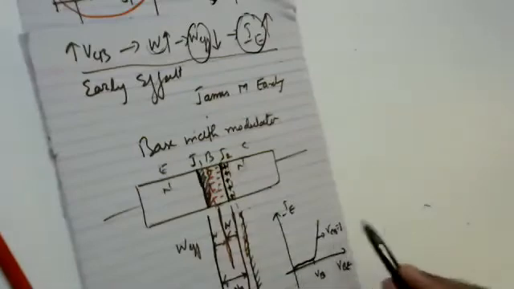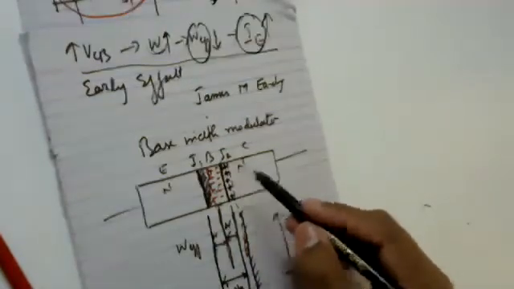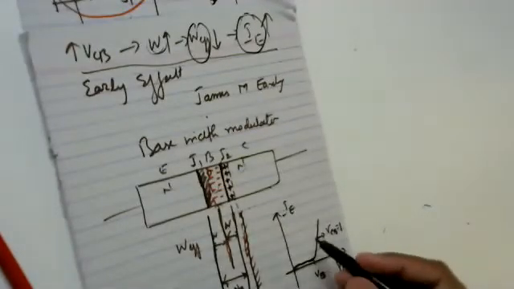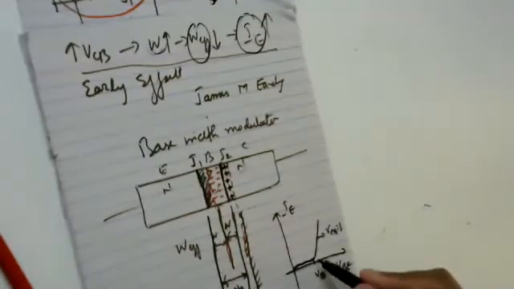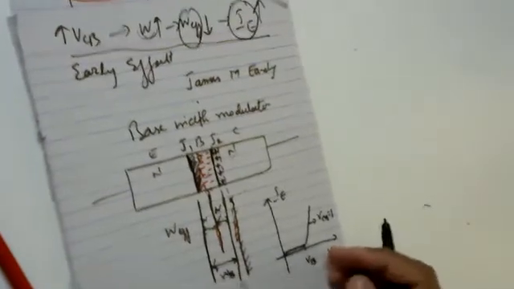For the same transistor, if I keep VCB equal to 5 volts, I cannot make the conduction happen prior to VB. Conduction will happen only after VB, or when my VBE is greater than VB.